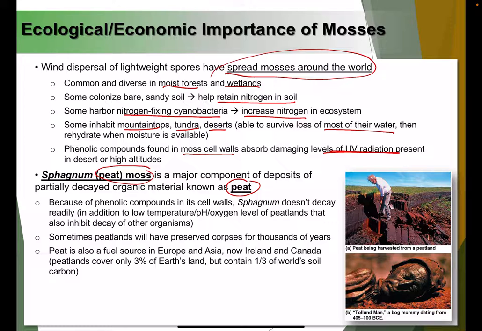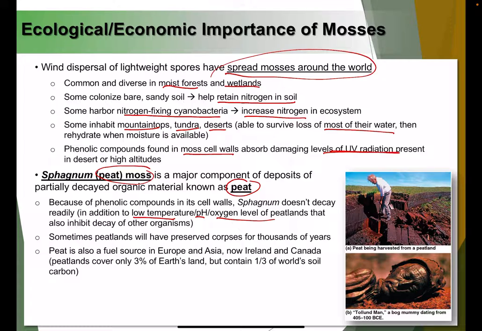On top of that, they're in areas where there's low temperature, low pH, low oxygen levels. These are areas where there are thick layers of sphagnum moss, so thick that we just call these peatlands because they're filled with peat.